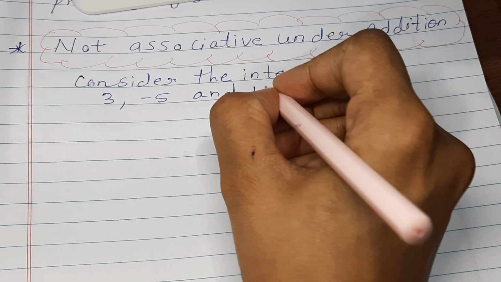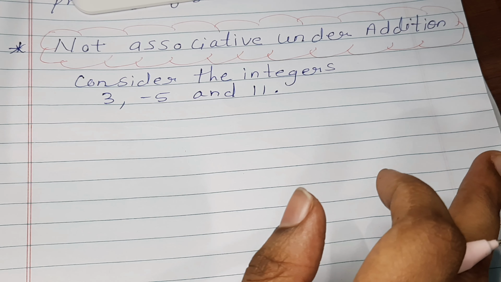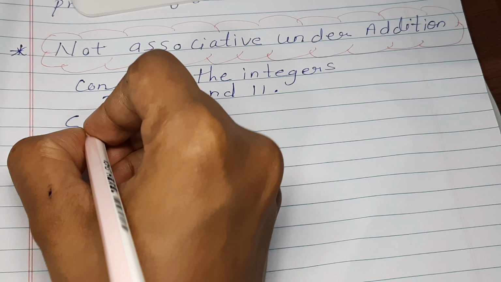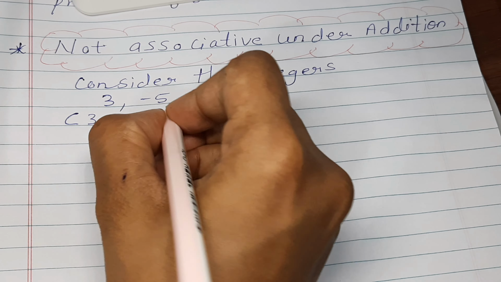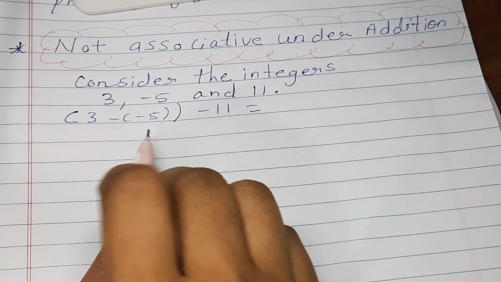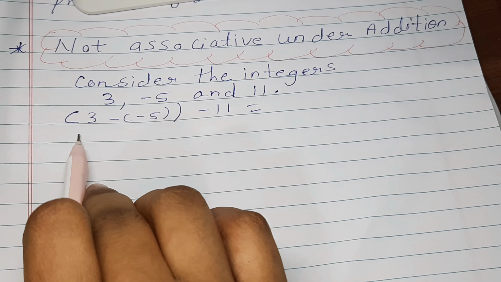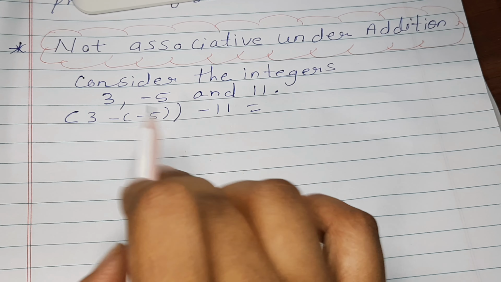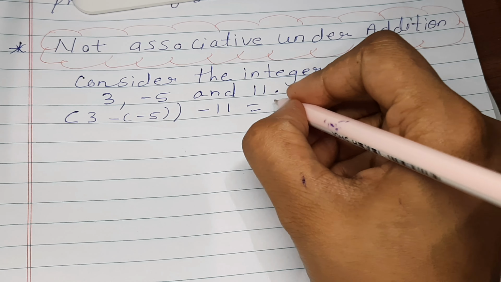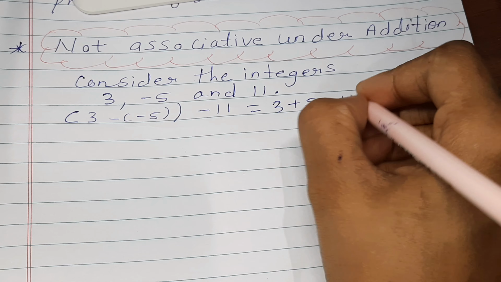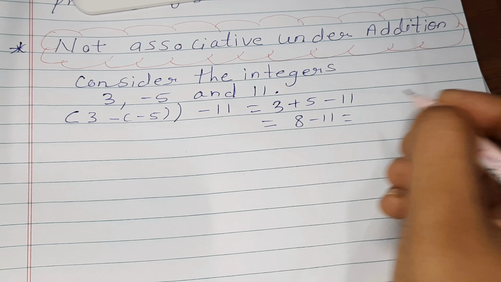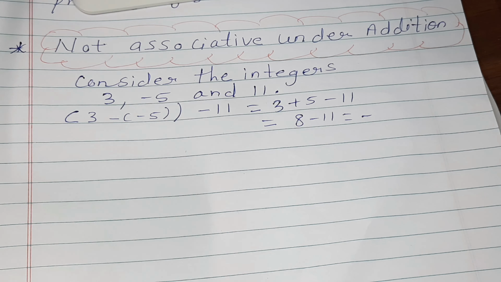So we note that 3 minus minus 5 minus 11. First these two numbers will be in bracket and one number will be outside the bracket. So 3 minus minus 5 is plus, so 3 plus 5 minus 11, 5, 6, 7, 8 minus 11, you will get minus 3.